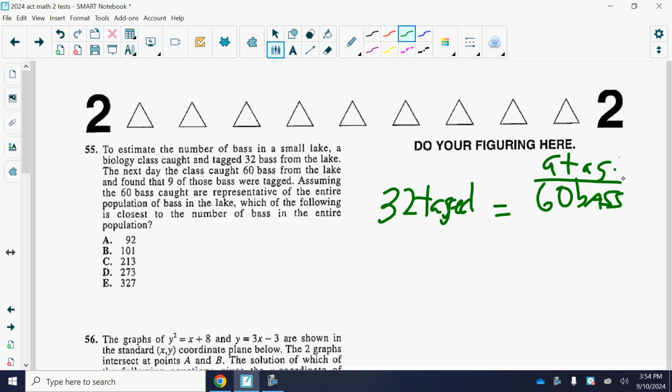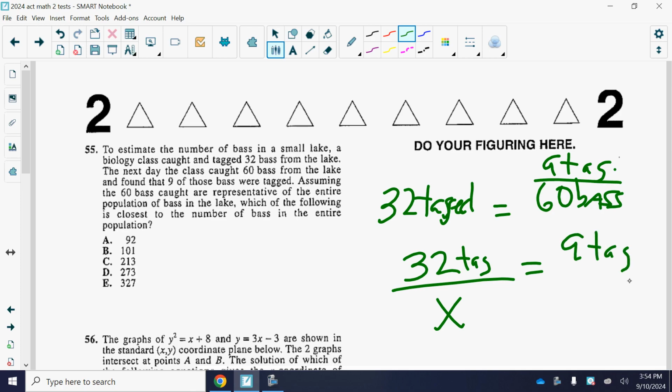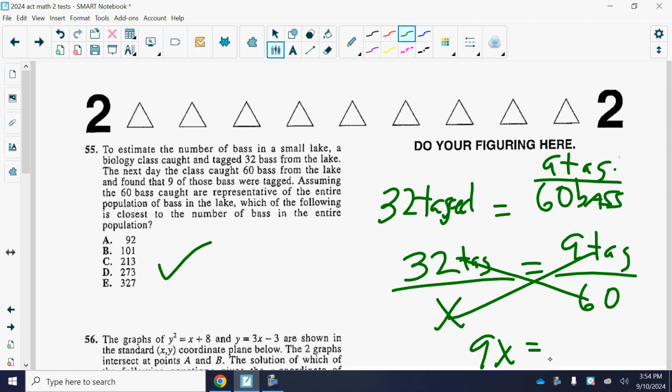So you want to keep your tag with the tag. 32 are tagged out of the whole lake, and I caught 9 tagged out of 60. For these proportions to hold, you cross multiply and divide, and you should get 213. So 60 times 32 is 9x. You divide by 9.